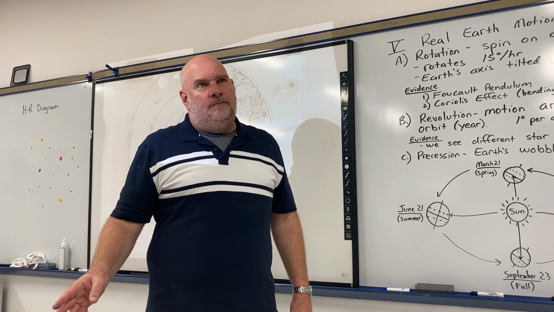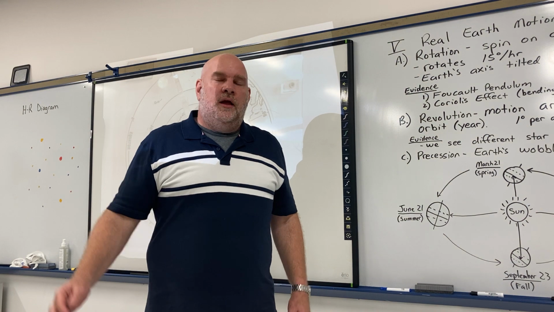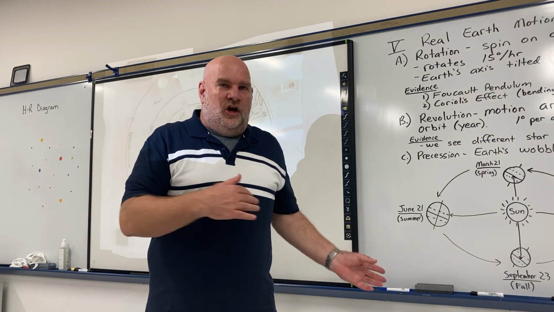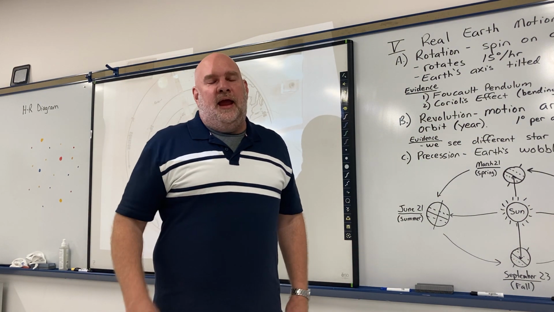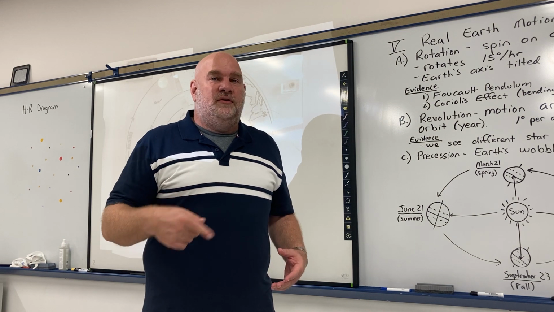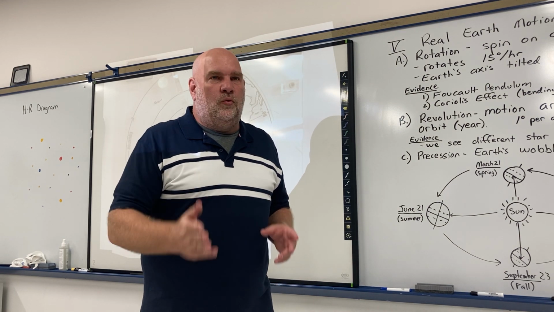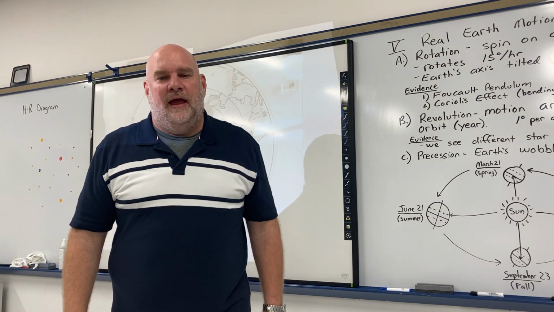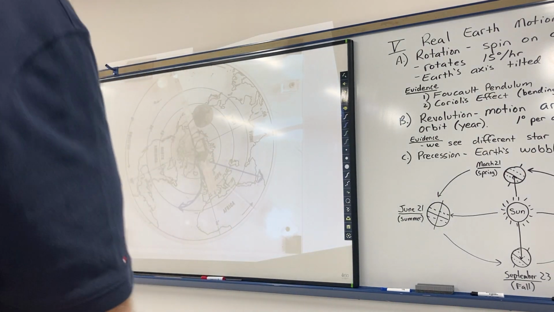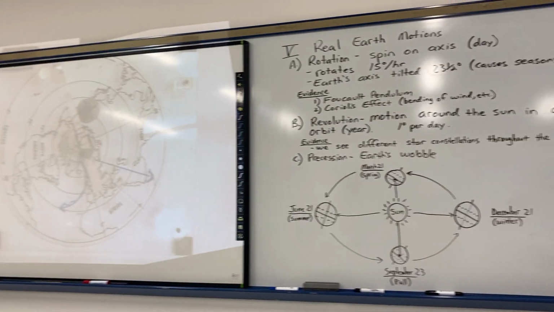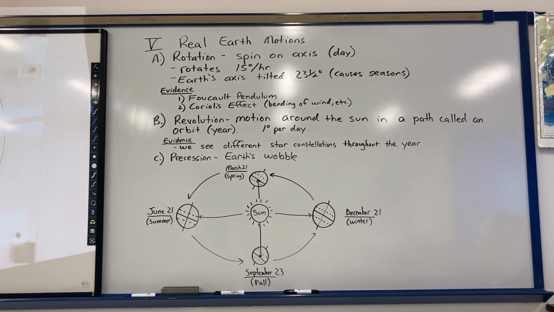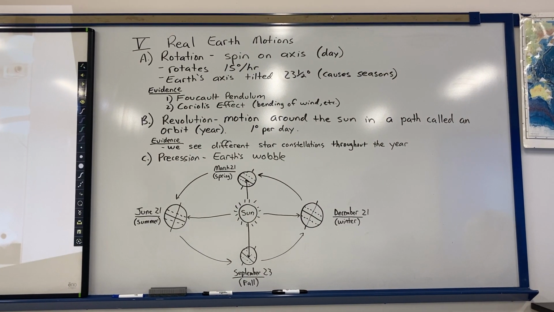If you go a little bit south of Florida, that latitude, the winds almost always blow from the east. And again, that's the result of the rotating Earth. The Earth's always rotating the same direction, so it's always bending the winds the same way at various latitudes. All right. So that is evidence of rotation.